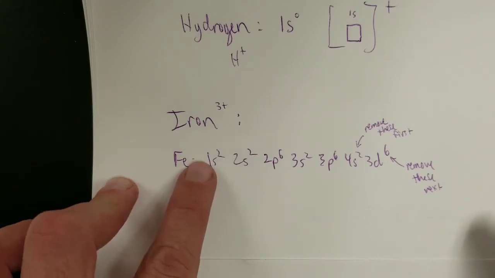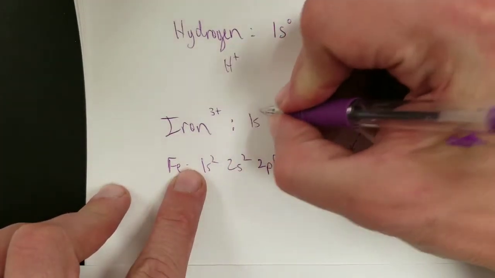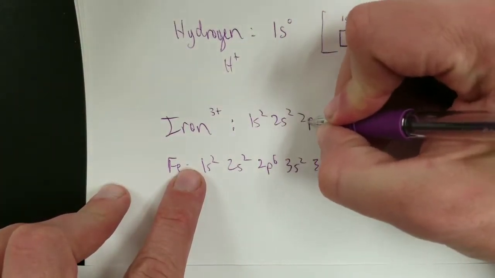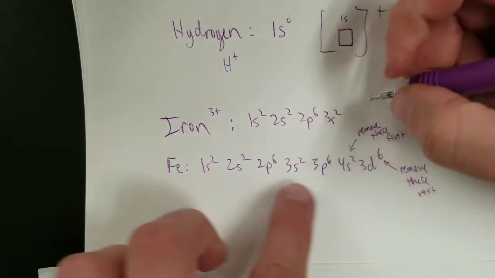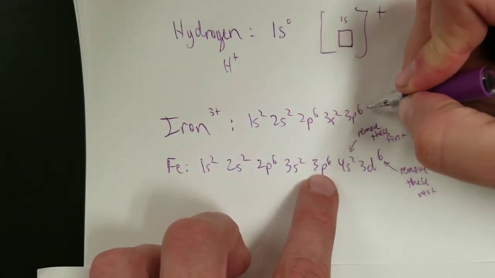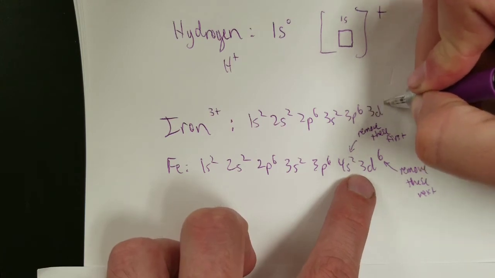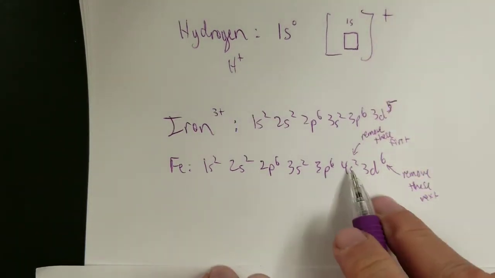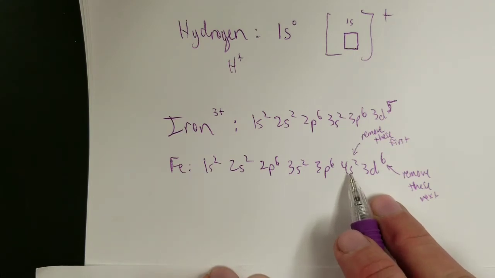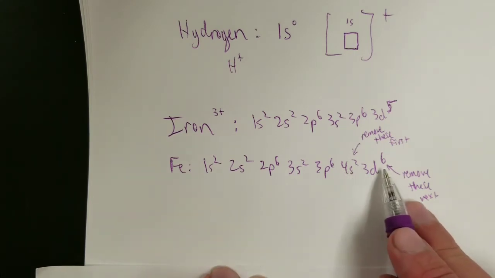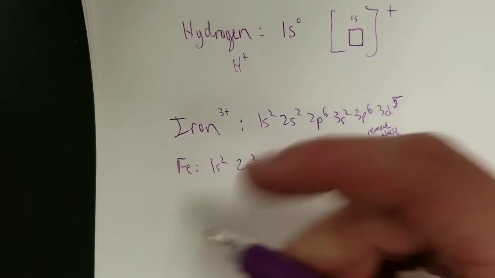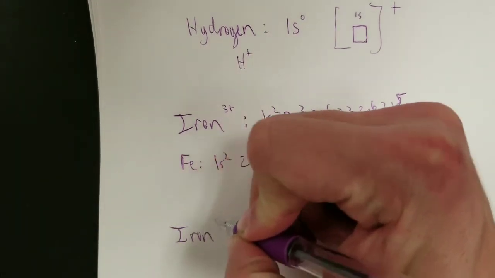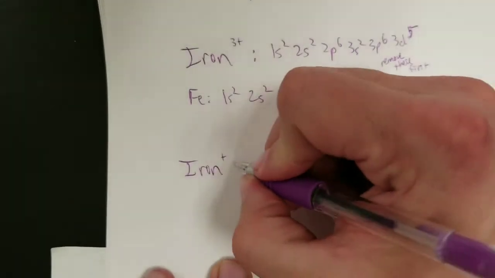So for iron with a 3 plus charge, it'd be 1s2, 2s2, 2p6, 3s2, 3p6, 3d5. Yes, that's right. When it ionizes, it comes out of here first, and then I took 2 out of here and 1 out of here in order to make it a 3 plus.